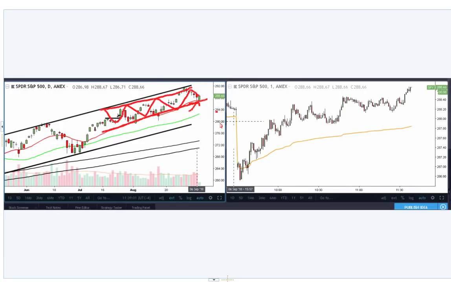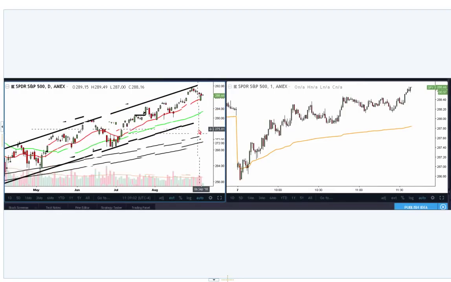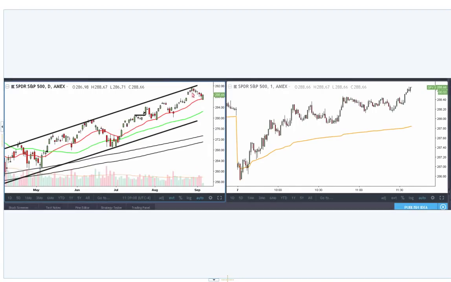So what does this tell us? Well, it sort of looks bullish, right? Basically now we have our zone. If the market gets back above here, which is basically 290, then that signals the market's actually going to continue to go higher and perhaps continue its uptrend like this, right?